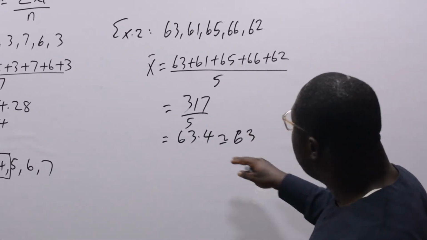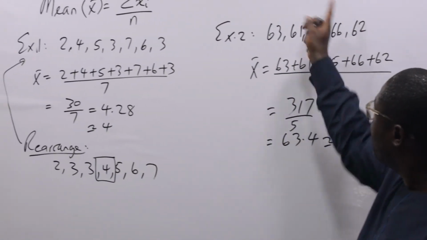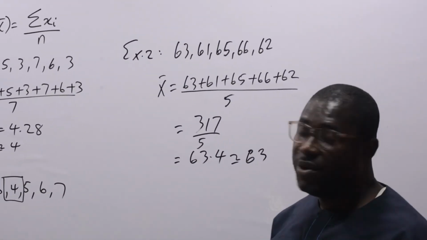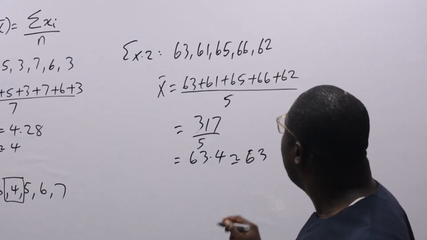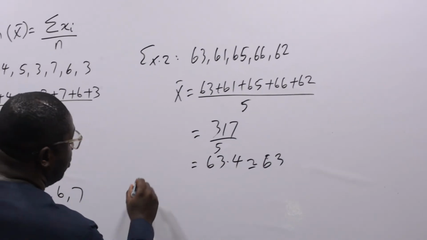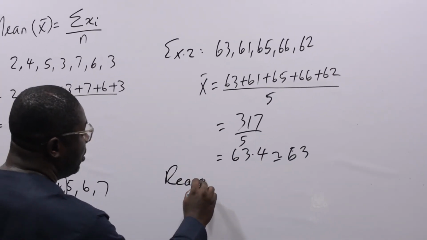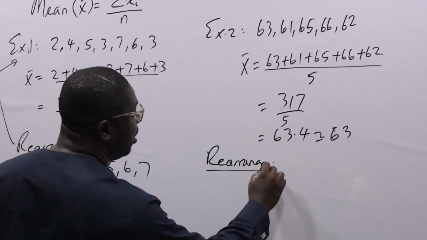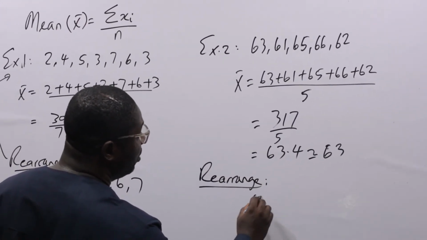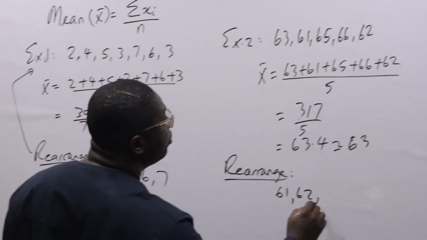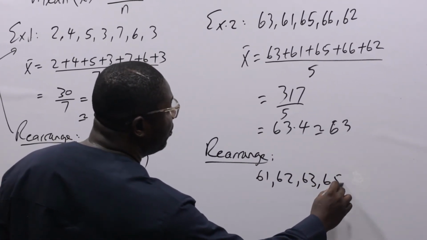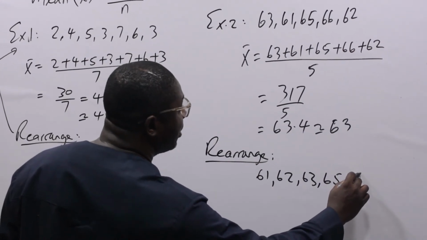Now let's do the same thing we did here. Let's rearrange these values in ascending order and see where 63 will lie. The rearrangement will see us have 61, 62, 63, 65, and then 66.